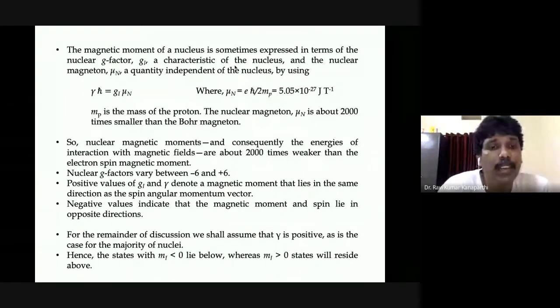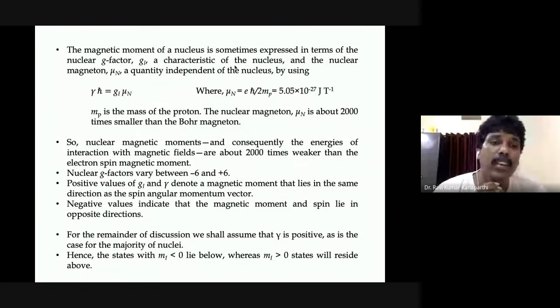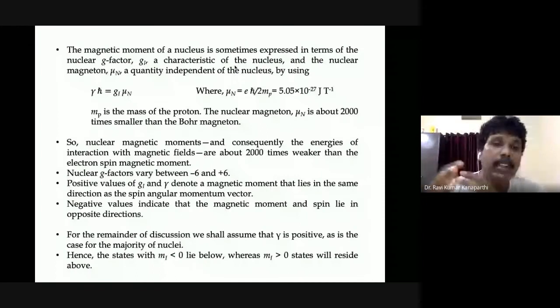That is another relation which is helpful for understanding NMR spectroscopy. And gamma is the gyromagnetic ratio or magnetogyric ratio. Both terms are okay. The g factor and gamma are basically related.